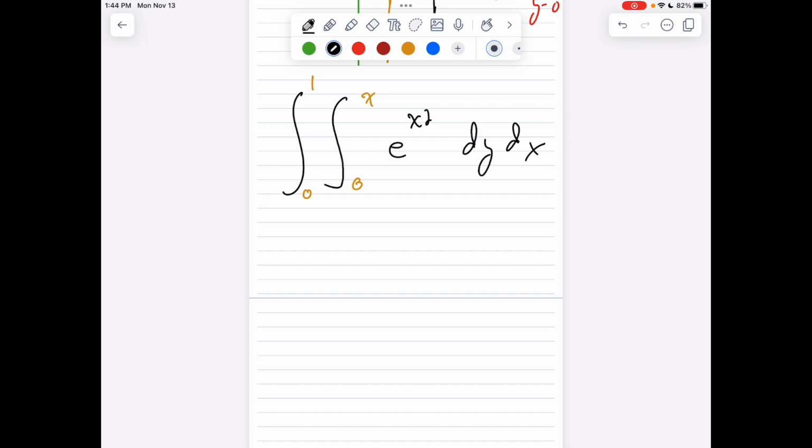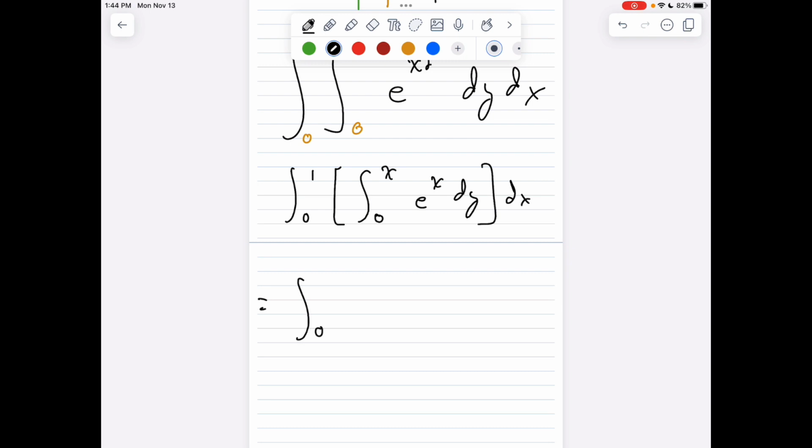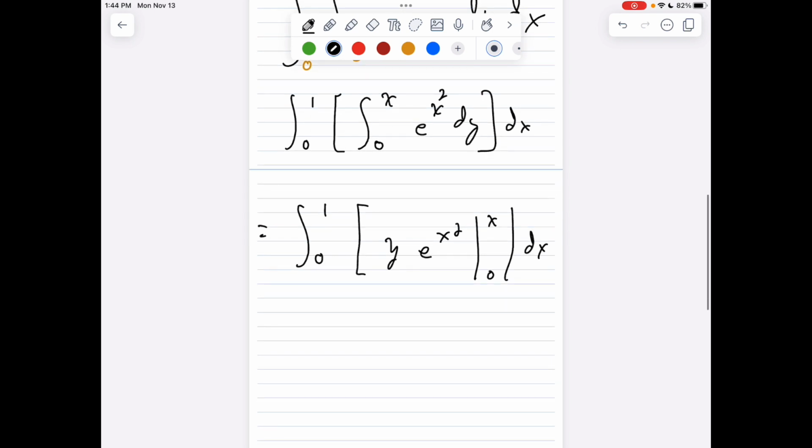So if we integrate e to the x squared dy first, let me write that out. This would be the integral from 0 to 1 of, well, the integral of e to the x squared with respect to y would be y e to the x squared, because x is just a constant here.